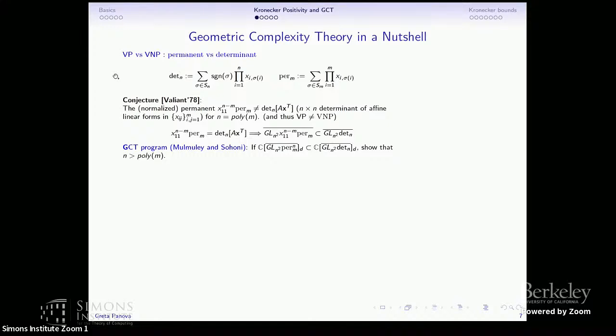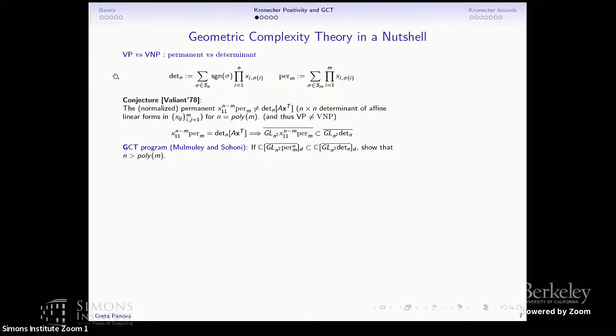And then we can look at the coordinate ring of regular functions on these orbit closures.